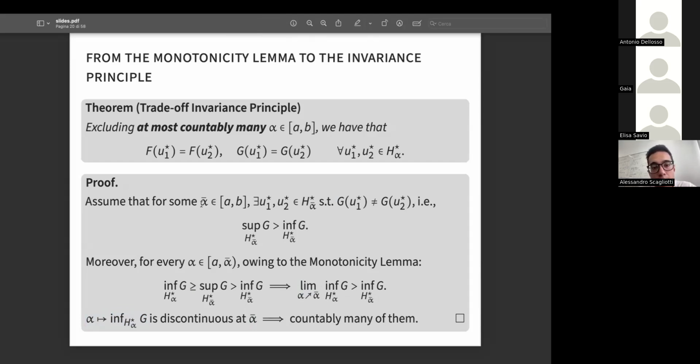So what the proof shows is that if we are in a point where the trade-off invariance principle is violated, then this function is discontinuous, and hence this could only happen at most countably many times. So this is the end of the proof of the basic statement of the trade-off invariance principle.